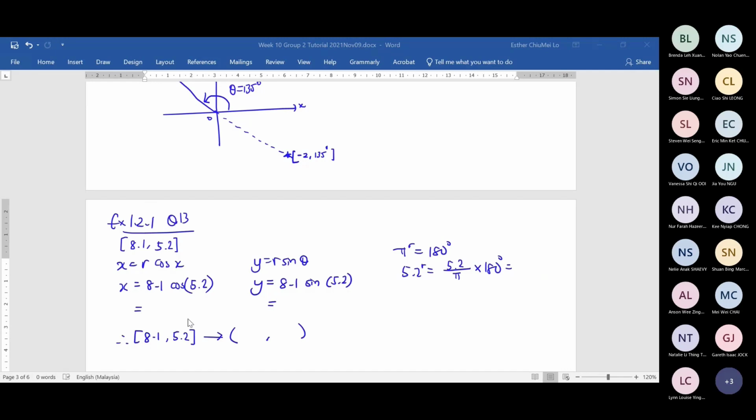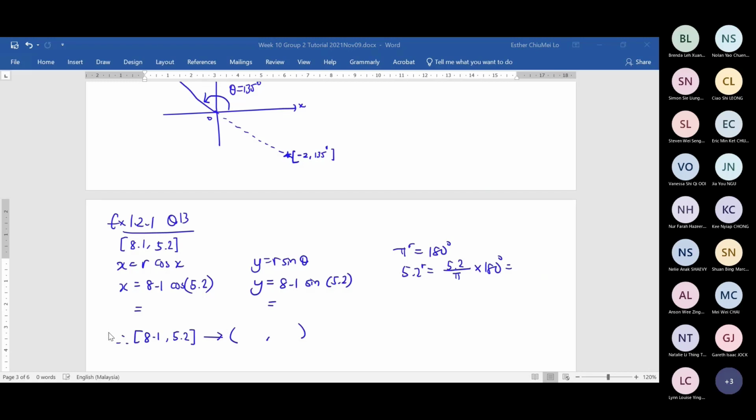Chelsea, you do it, we do it now. You can round up to 2 decimal places. So you get 3.79.